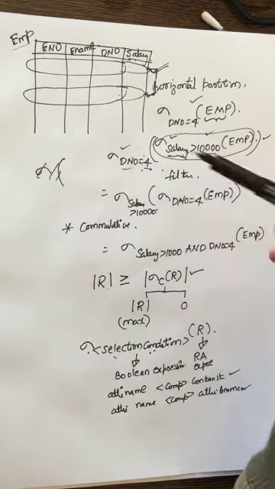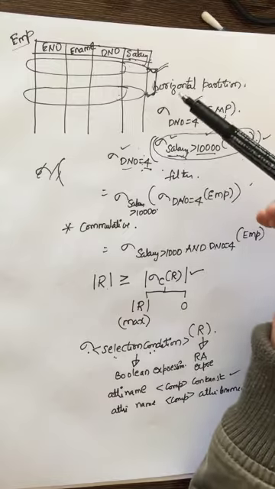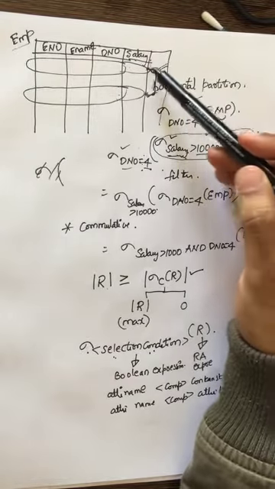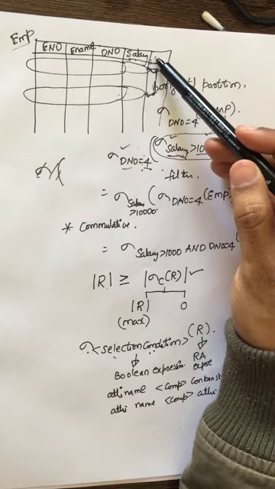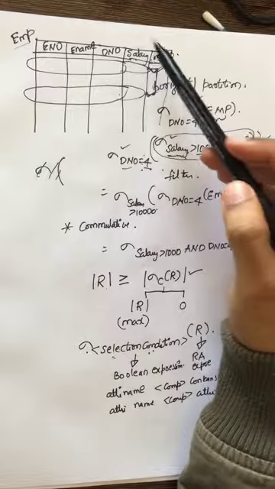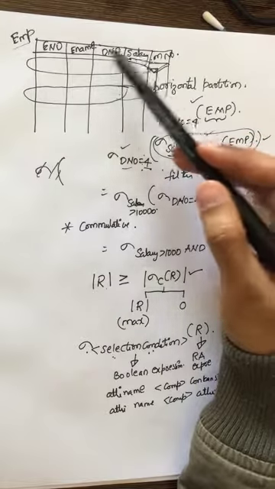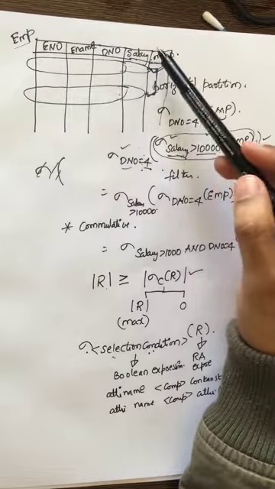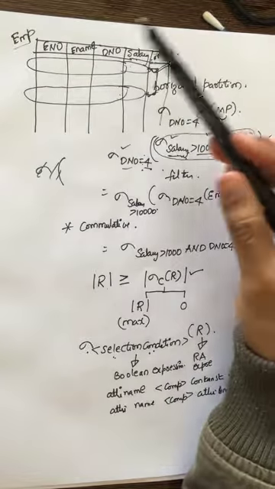You can even compare 2 attributes given that both of them have the same domain. Let us say there is one more attribute called manager number, and if manager number and employee number are the same type of attributes, in the same domain, numbers, then you can compare both of them.